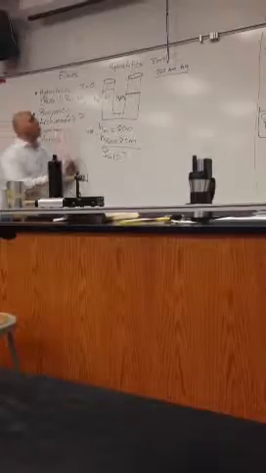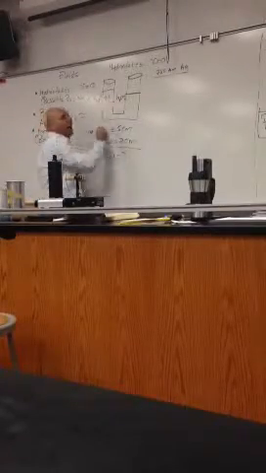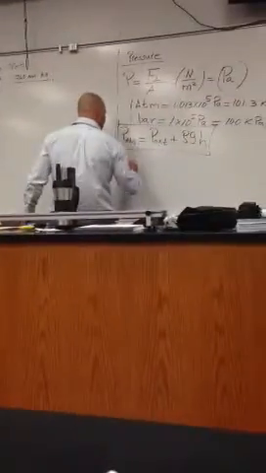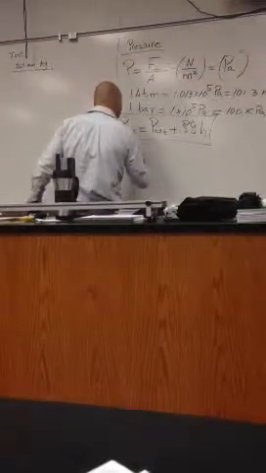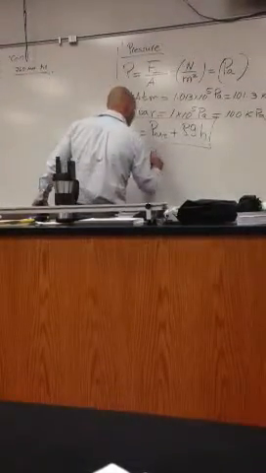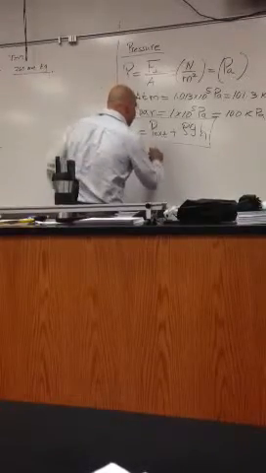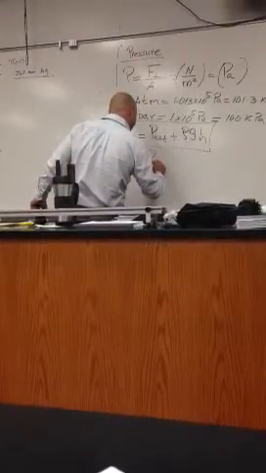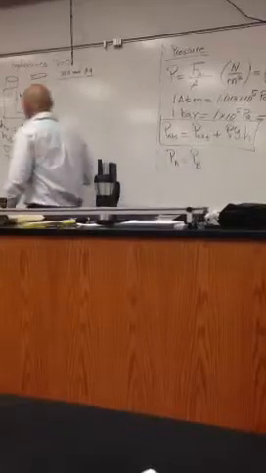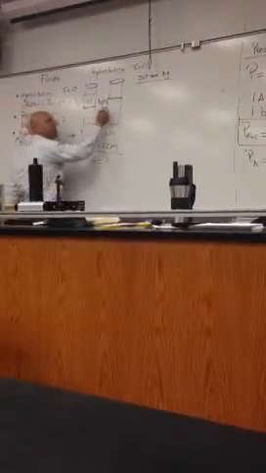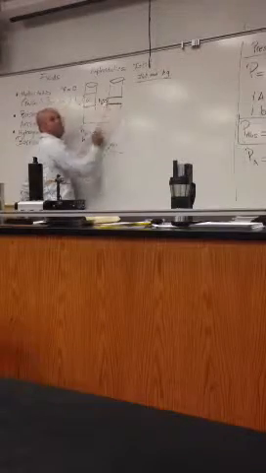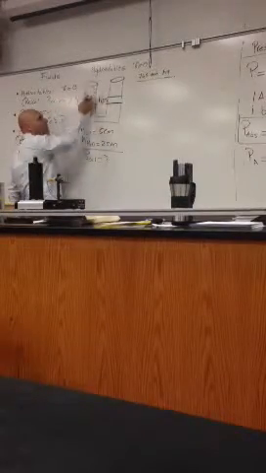Knowing the working principle of the barometer, the Pascal principle says that the pressure at one point has to be the same as the pressure at another point if the liquid is the same. Because this point is water and this point is water, they have here the U-tube.